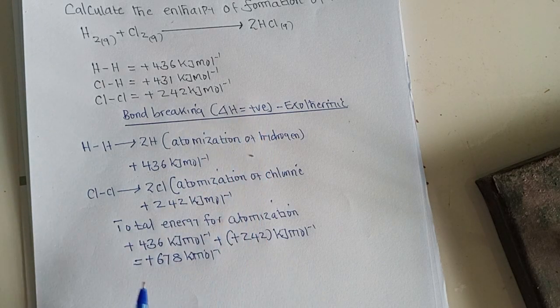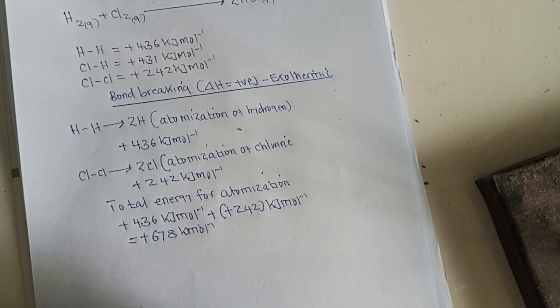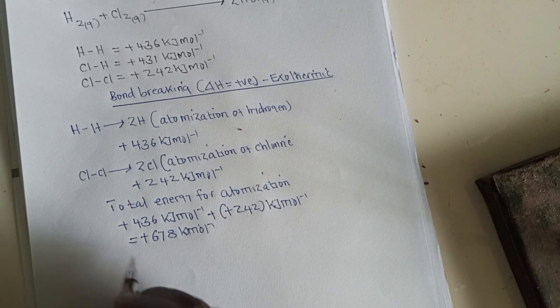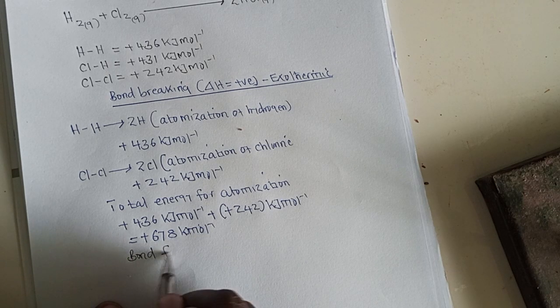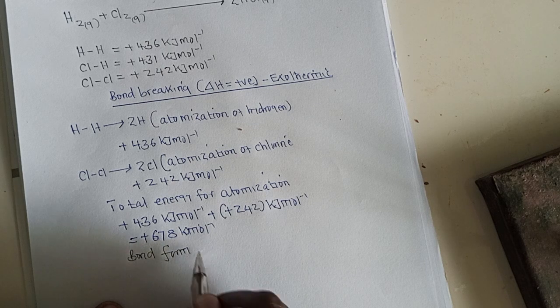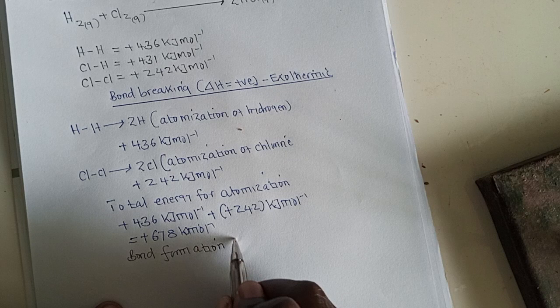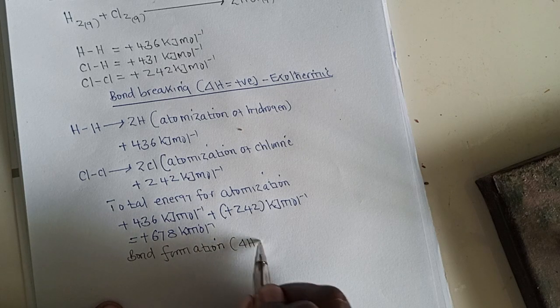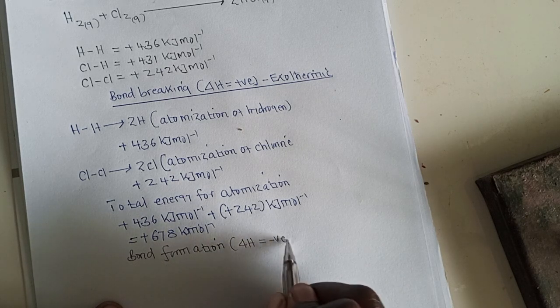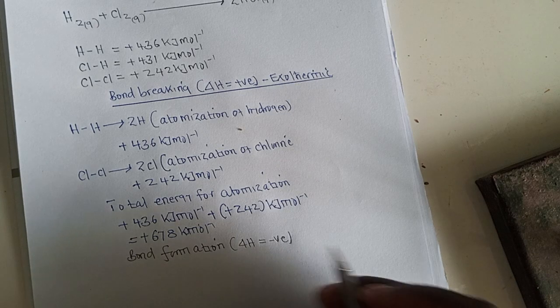It is always positive, and therefore you have to indicate positive here. Then from here, we need to find the bond formation. The bond formation is always an exothermic reaction, and therefore the value is negative.